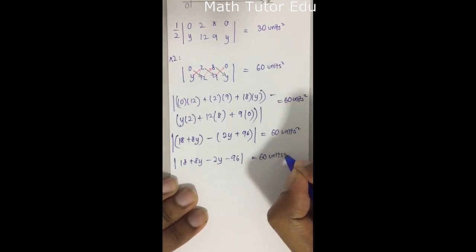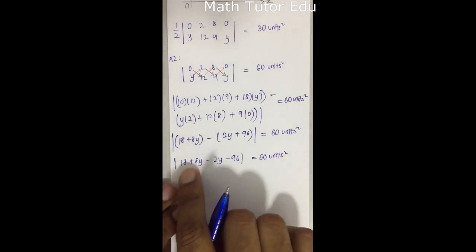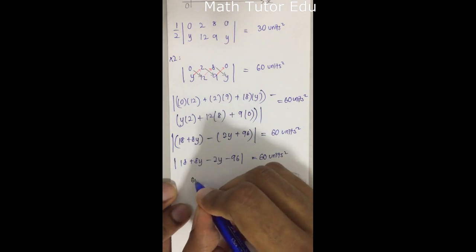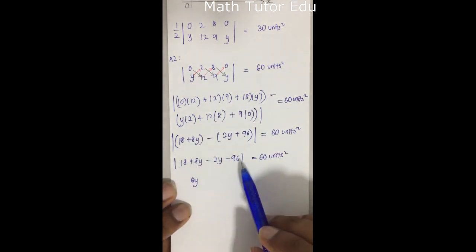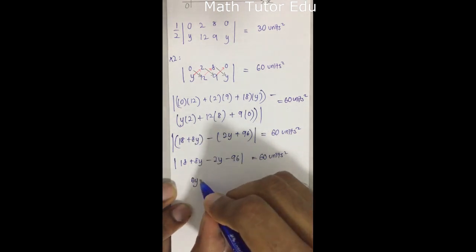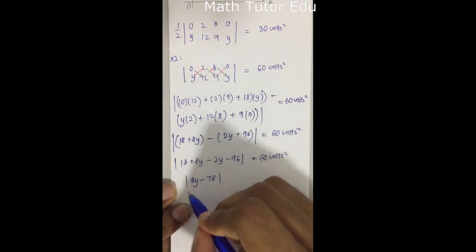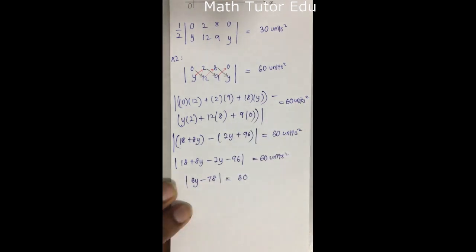Okay, so from here 8y minus 2y you get is 6y. Okay, 18 minus 96 you get is negative 78. Okay, and then make sure you put the modulus symbol equals to 60.